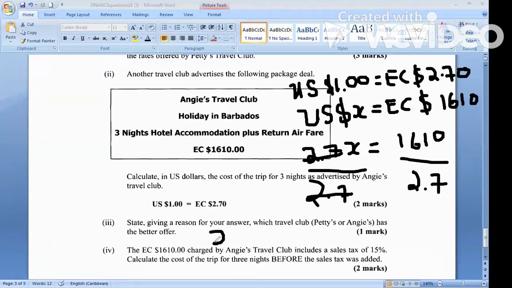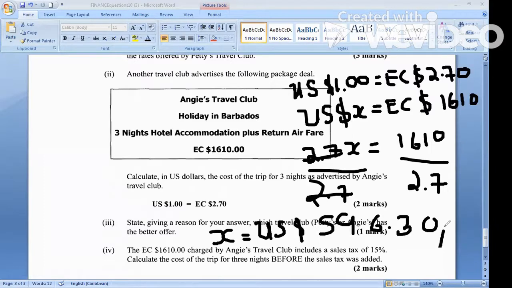So x is equal to US how much? $596.30. 596 and 30 cents. Class, is she correct? Yes, sir. Very good. Okay, I think you're saying yes.